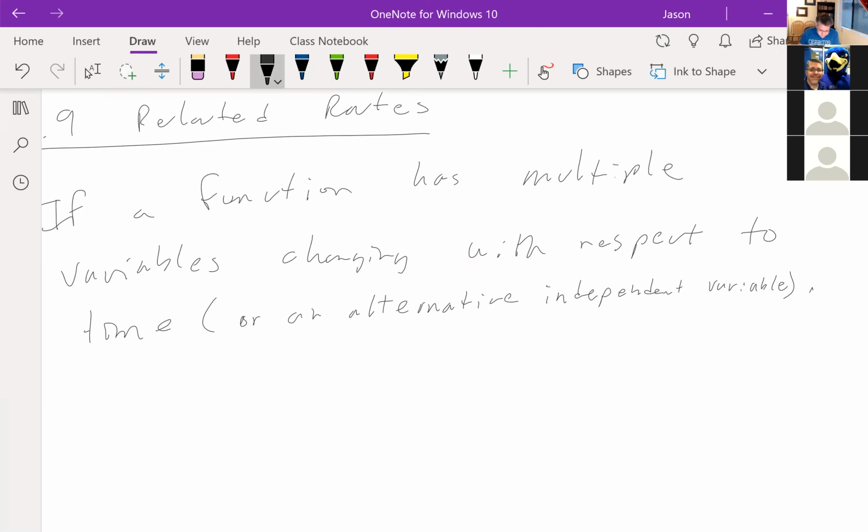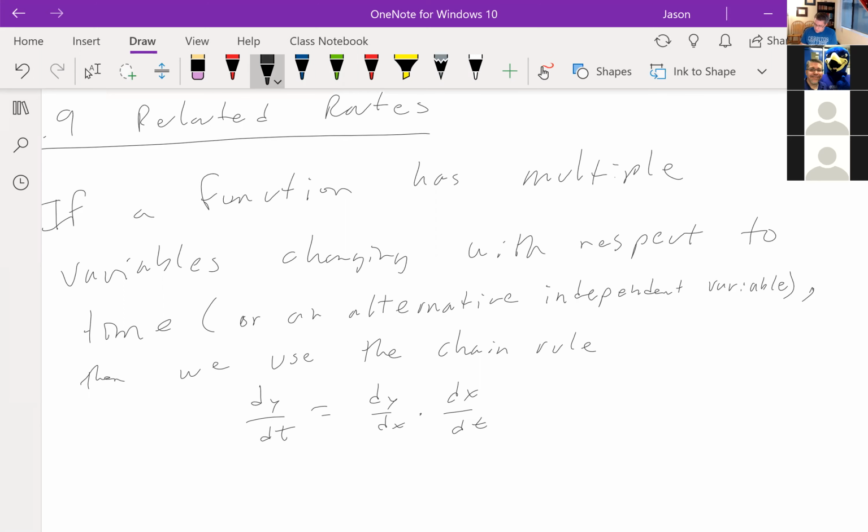Okay, if this is true, then we use the chain rule. dy dt, right? dy with respect to t is equal to dy dx, the regular derivative, but times dx dt.